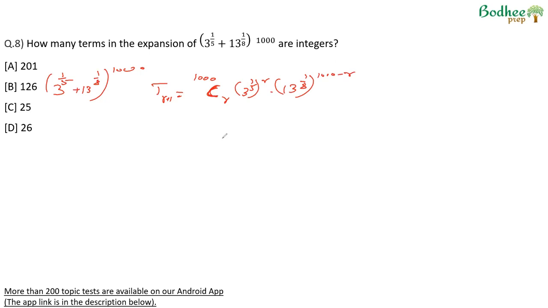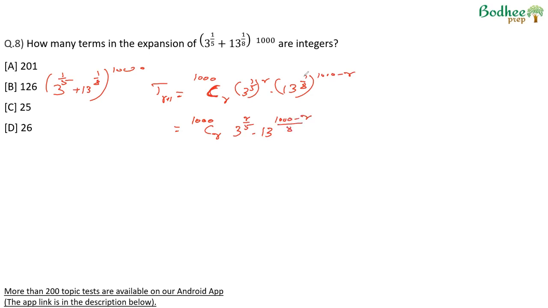Which means the term becomes 1000Cr, which will always be an integral value, times 3 raised to power r by 5 into 13 raised to power (1000 minus r) by 8.